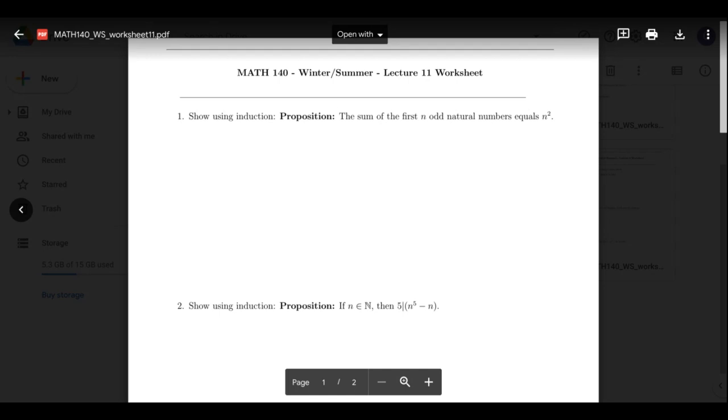Why do we need to show P of n plus 1? Because that's one step of the induction proof. Don't ask why. Just follow it, because that's part of the induction proof. P of 1 is the base case. Basis step.